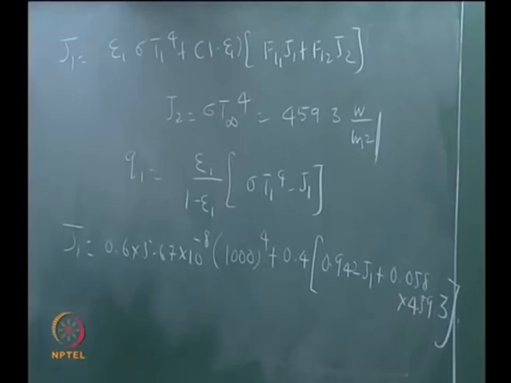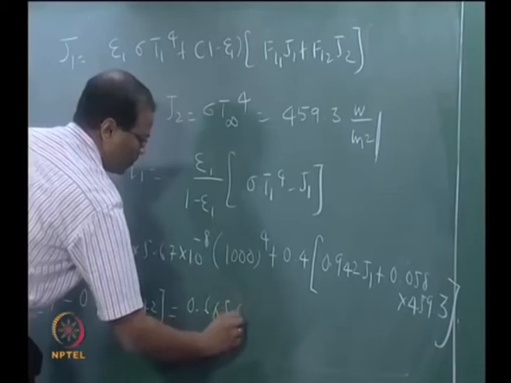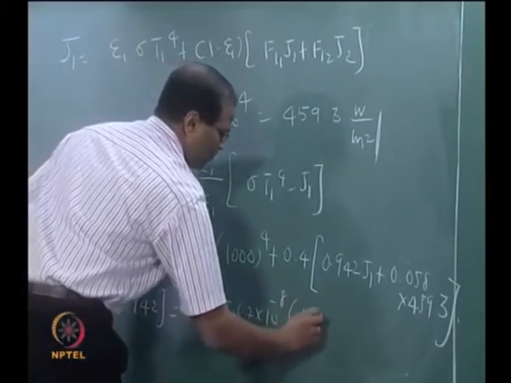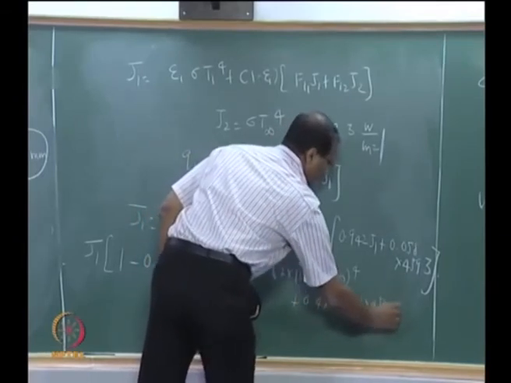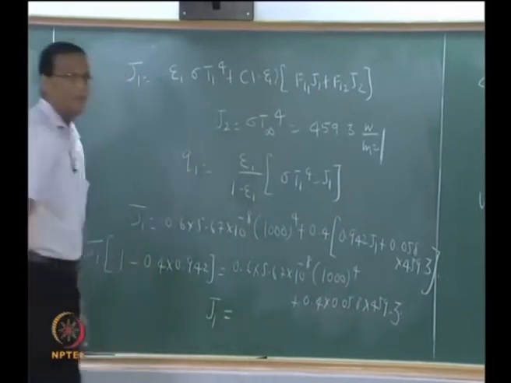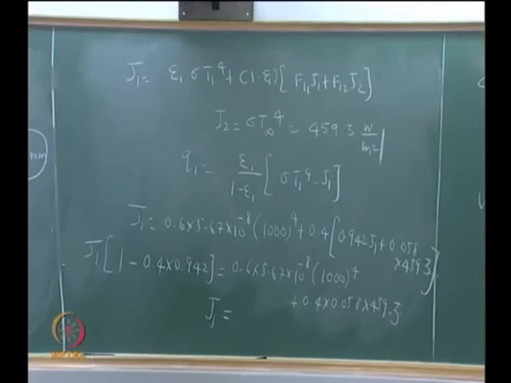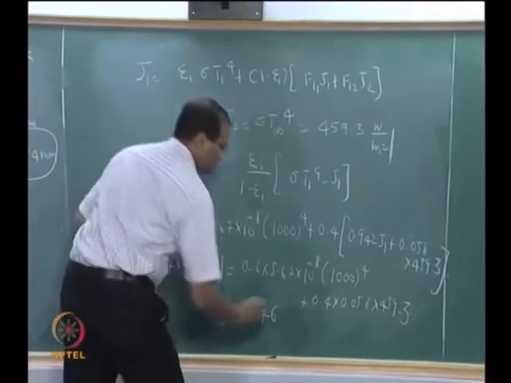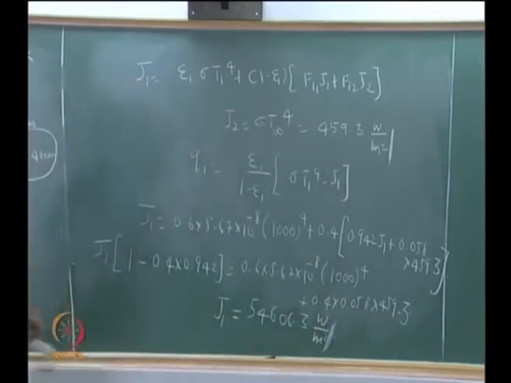So you will have 0.4 into 0.942, so 56,000, 55,000, no, we have to be careful, 54,000, 54,006, 0.5, yeah, okay, all of you should get this radiosity.